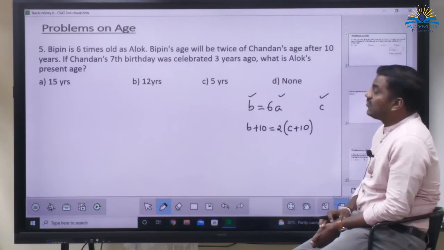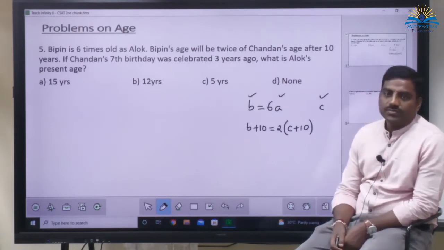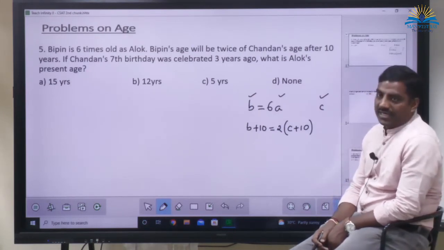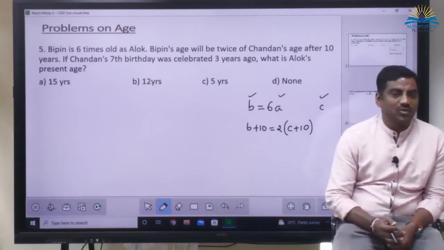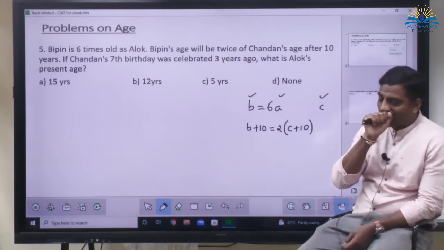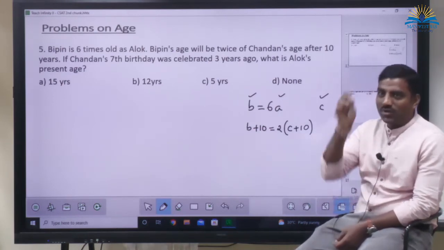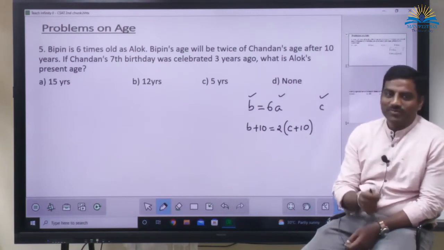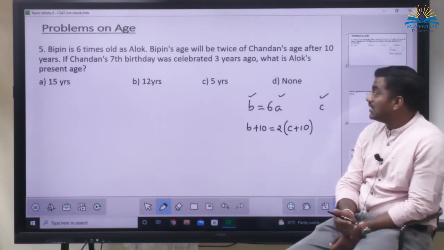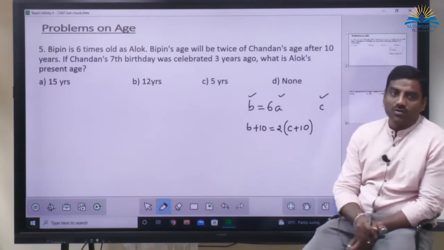Now, Chandana's 7th birthday was celebrated 3 years ago. What is the age of Chandana now?